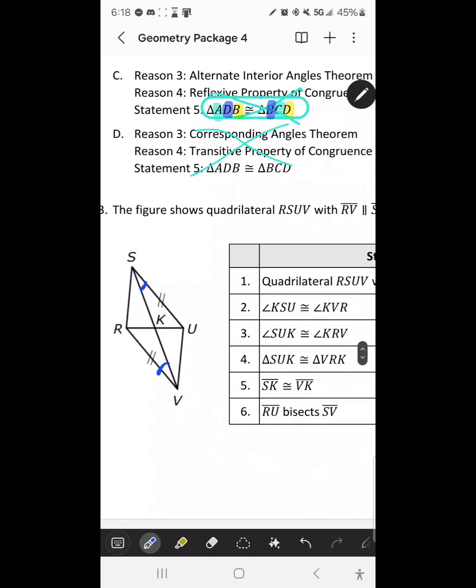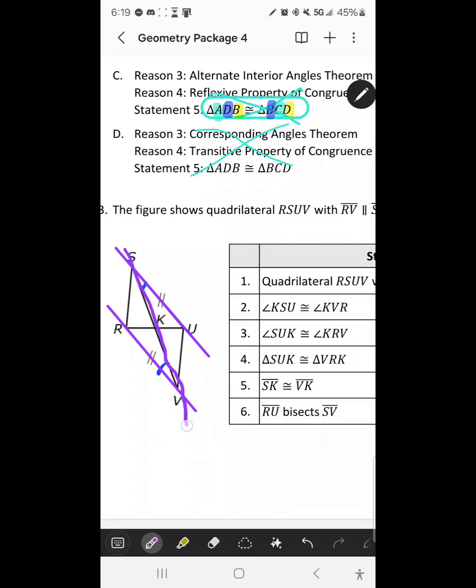We also established that RB is parallel to SU. I'm trying to draw this right. More or less, you get it.